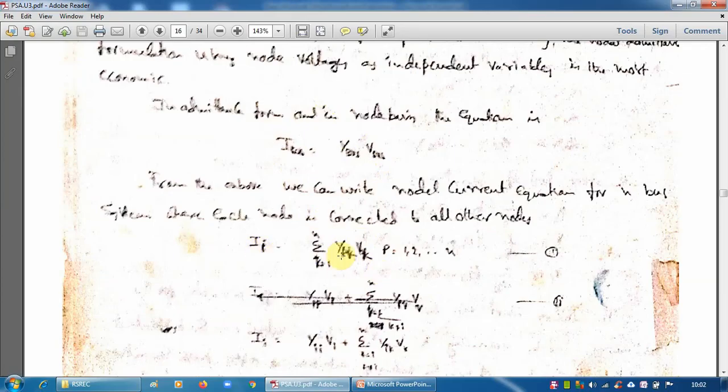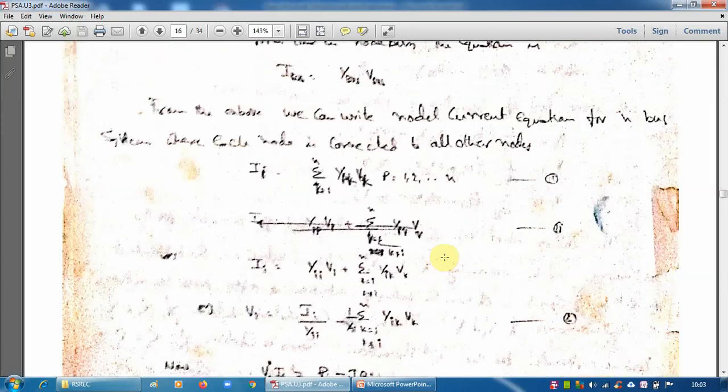So if we expand, for example, if I is taken as 1, then we will get Y11 V1 plus Y12 V2 plus so on, Y1n Vn, like that. If I is 2, Y21 V1 plus Y22 V2, so on. So this is nothing but the equation we have just seen, and one component of this I can be written like this.